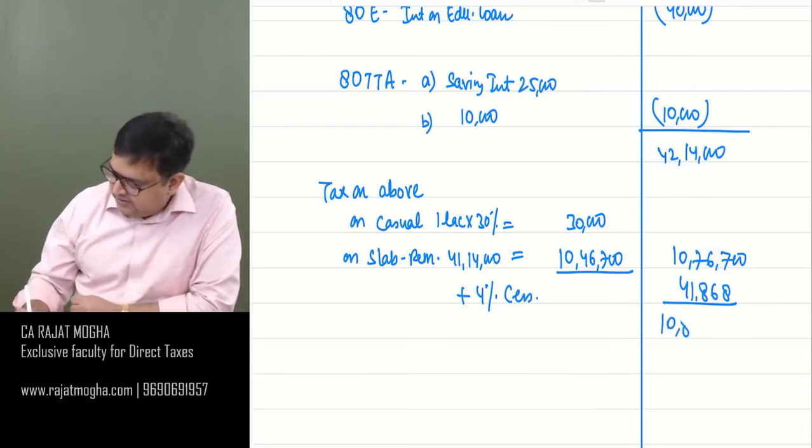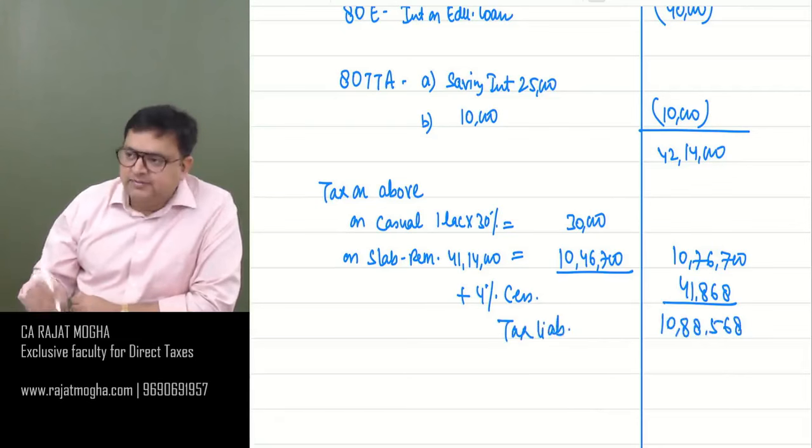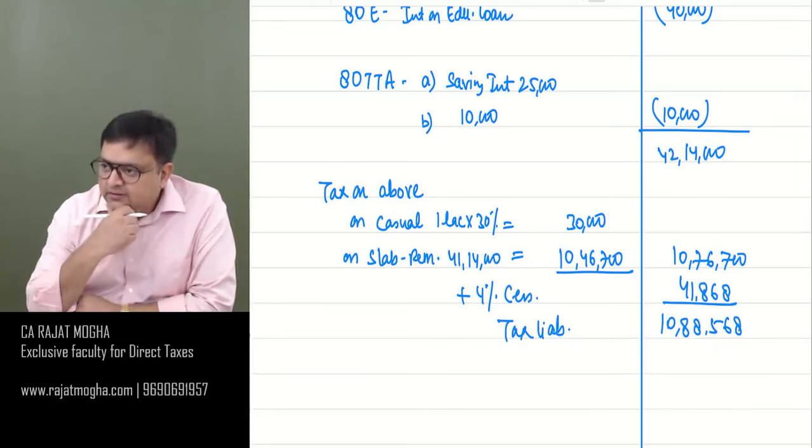10 lakh 88,568. This is called your tax liability. Don't round it off right now, because we have to compute the tax payable. We'll round off the tax payable. Oh, have I made any mistake?